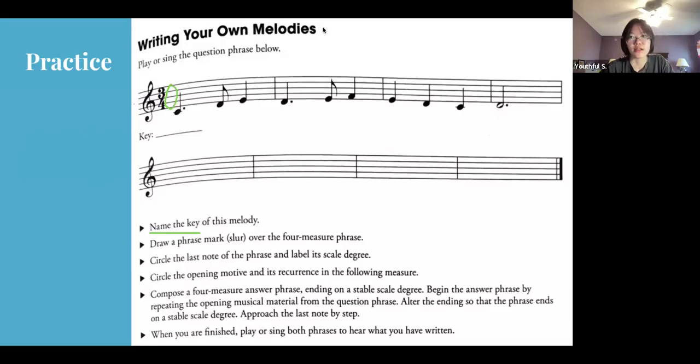So there's no key signature here. Who knows the key? C major or C minor?